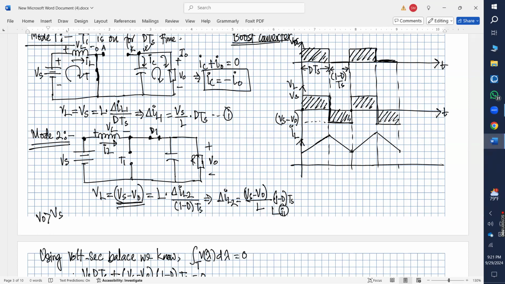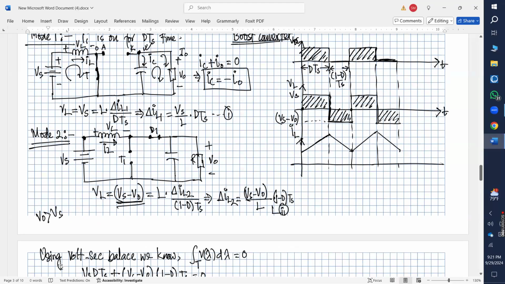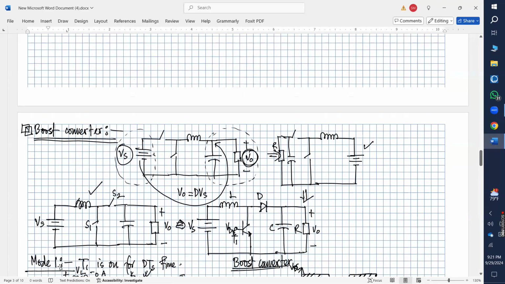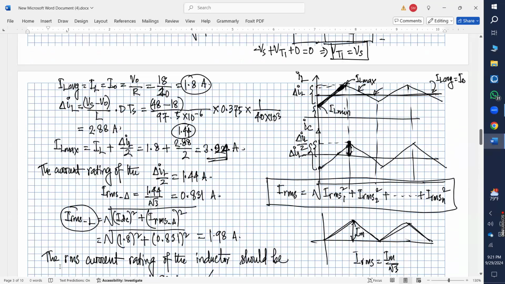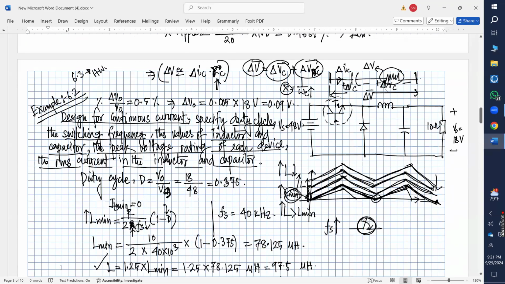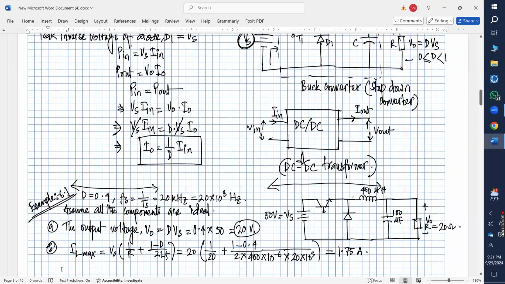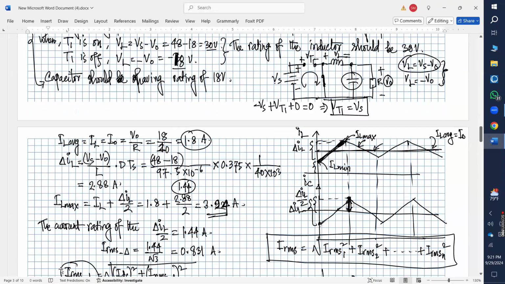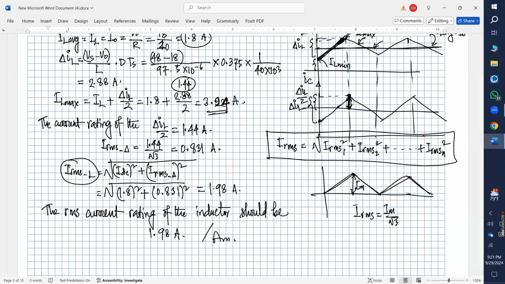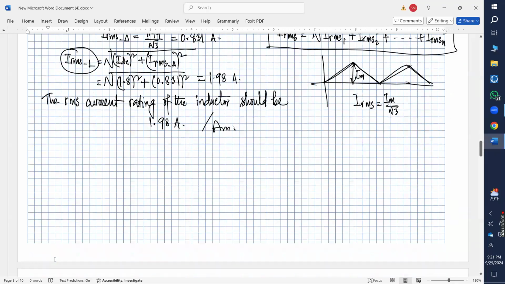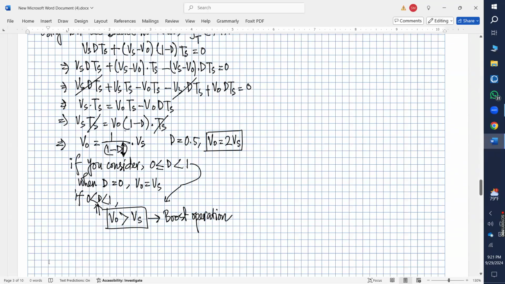Sir, in the buck converter in the last class, you nullified the current that was going through a capacitor, and you told me that you will answer it later on. But here in the boost converter, you considered IC, the current through the capacitor.